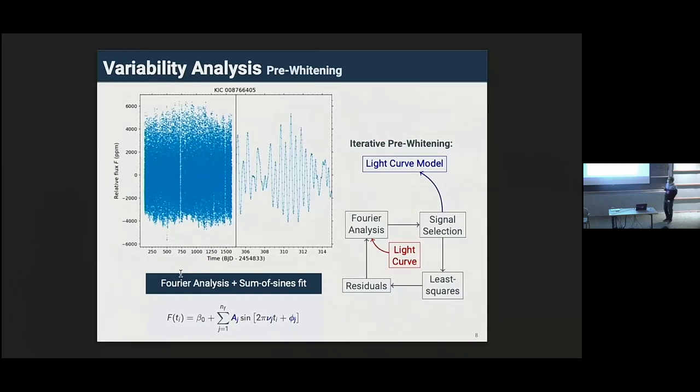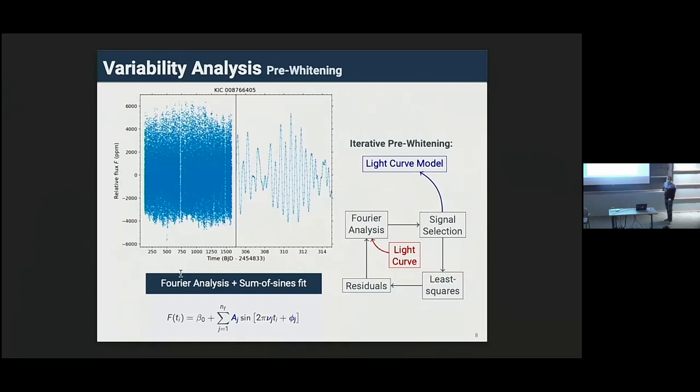We make sure that there's not any contamination inside these light curves, and then we subject that to Fourier analysis, and from that we obtain, in our case, a Lomb-Scargle periodogram, and then do a signal selection.